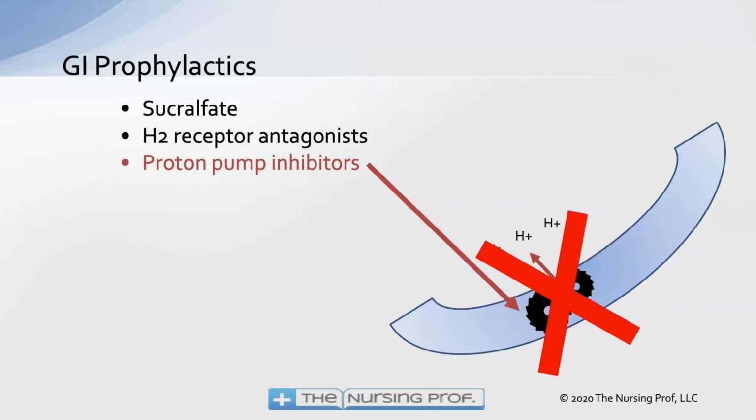Now, you may say, well, okay, if we're binding up those proton pumps, then why do we have to give it tomorrow? I mean, if they're permanently bound, then what's the point of having to give this every day? Well, remember again, the stomach lining is going to regenerate on a very rapid basis. So about every 24 hours, we're going to have to give more proton pump inhibitors because the body has made more proton pumps.